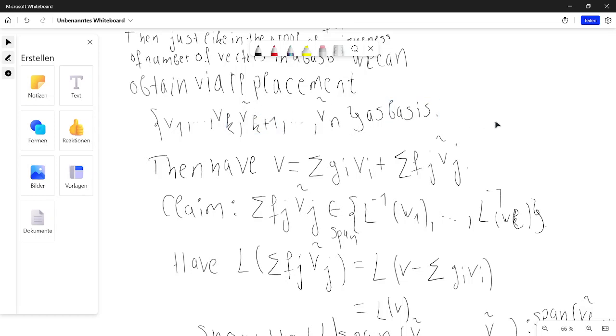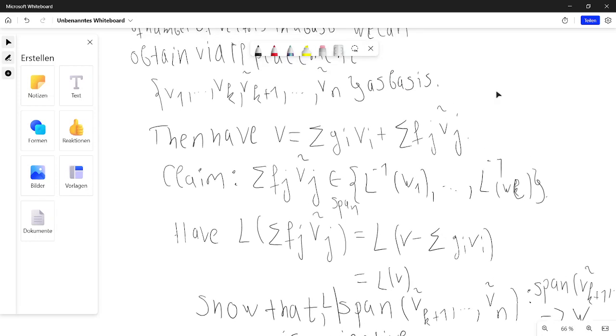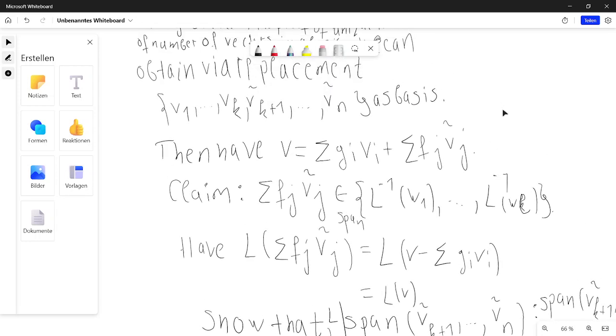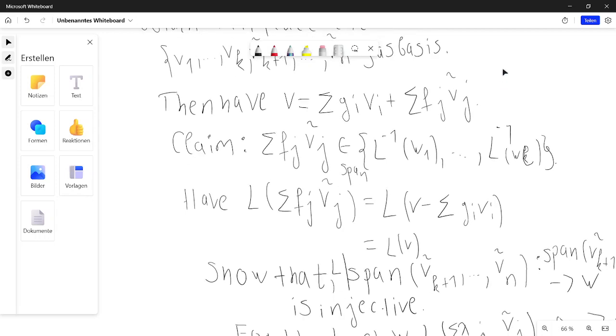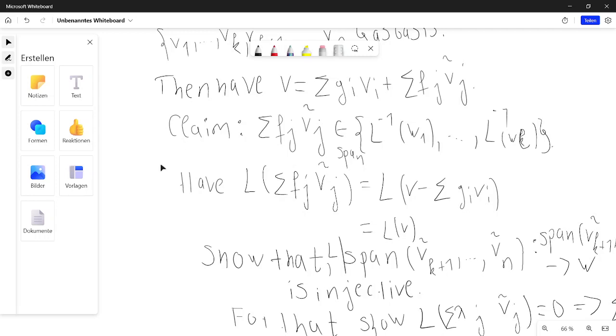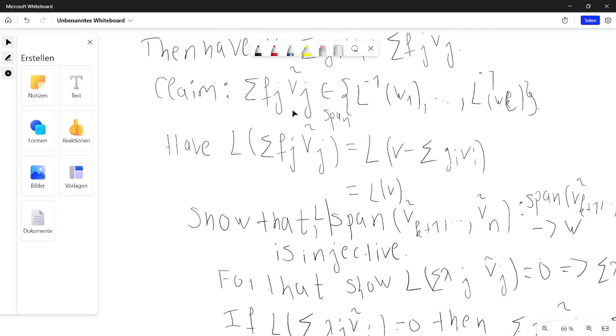Well, we have shown injectivity. We needed linear independence and span to have that basis, so that the images of these vectors are a basis of the image.